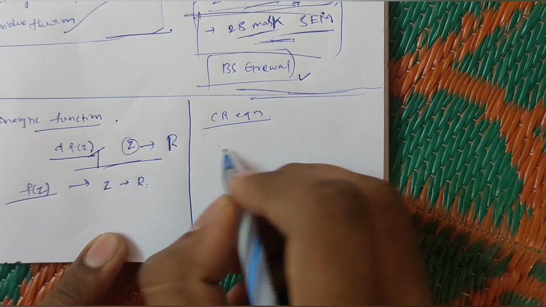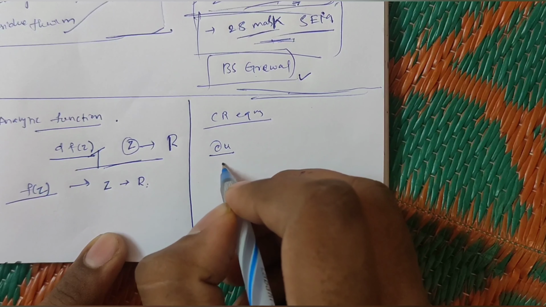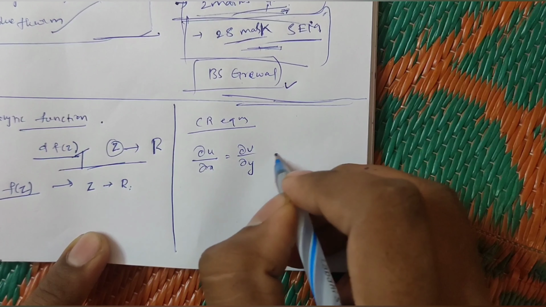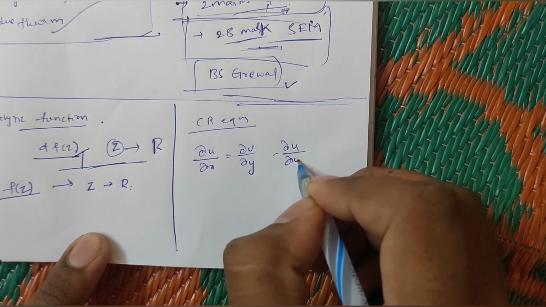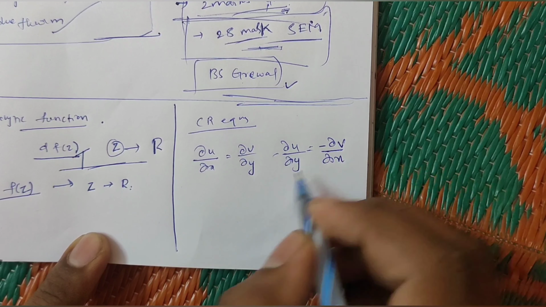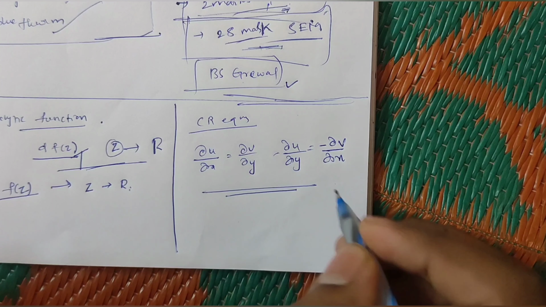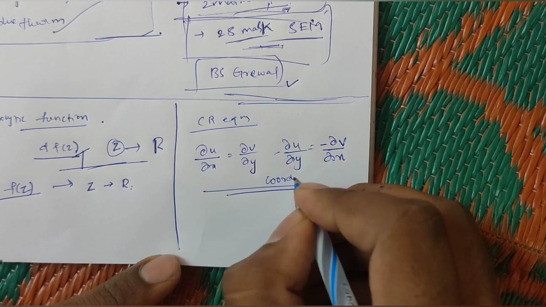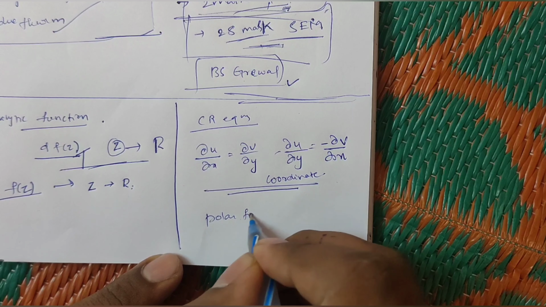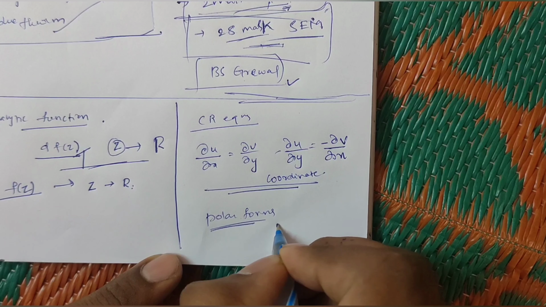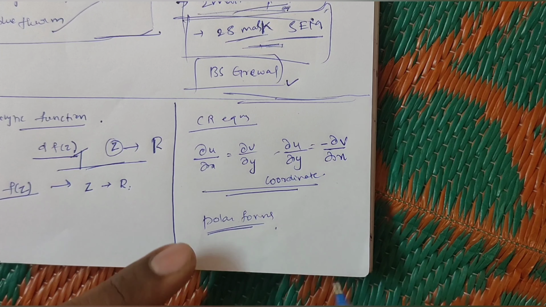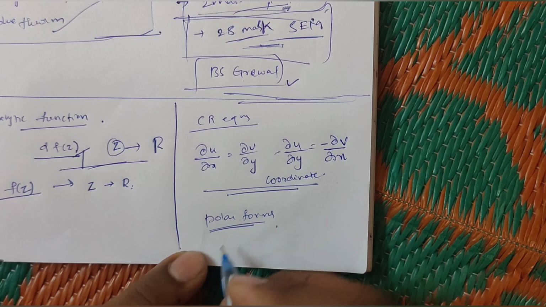So you can write that dou u by dou x equals dou v by dou y, and dou u by dou y equals minus dou v by dou x. So these are the CR equations in coordinate form. Actually you also have them in polar form, but that's not very important, so we won't be discussing the polar form. But if you want, yeah, definitely we can try.